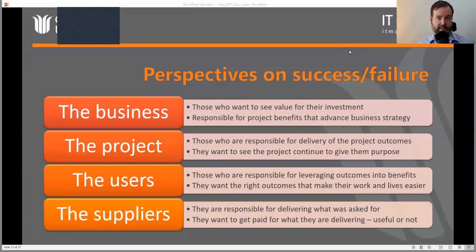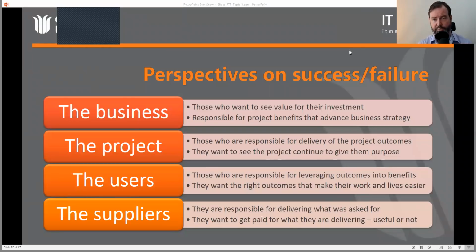And then you've got the suppliers. Suppliers aren't usually the first ones you think of as having a perspective on project success or failure. But it's not negligible, because they're the ones responsible for contributing and delivering the pieces of the puzzle. They bring the bricks and lay the bricks that make the wall. So what they want is profitability for their work.